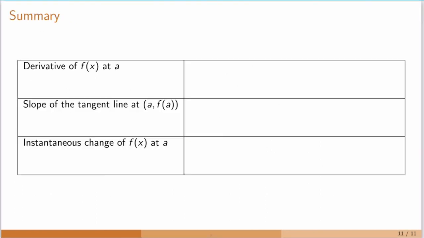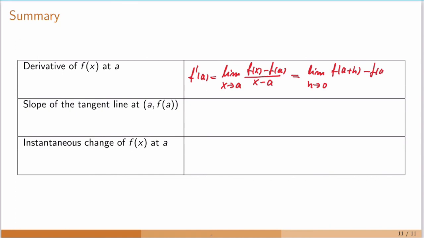Let me summarize. So the derivative of f, we write as f prime at a, and this has been defined to be the limit as x converges to a, f of x minus f of a divided by x minus a, which is also the limit of a difference quotient. And we found that for computation it's actually easier to use this form, limit as h goes to 0, f of a plus h minus f of a divided by h.